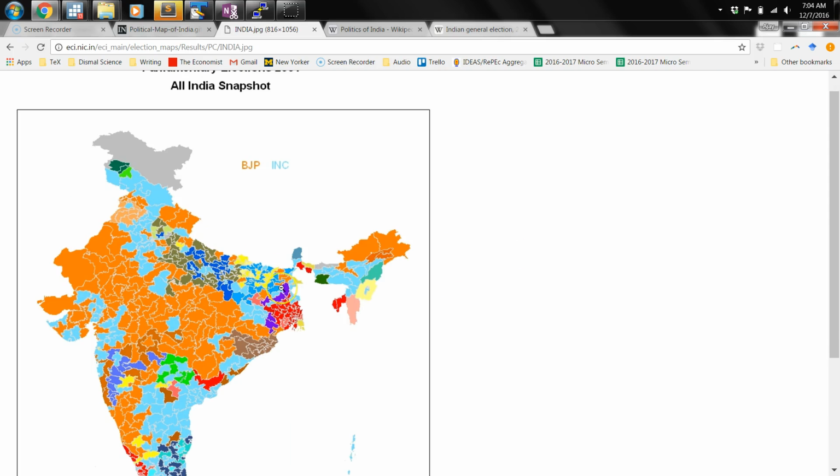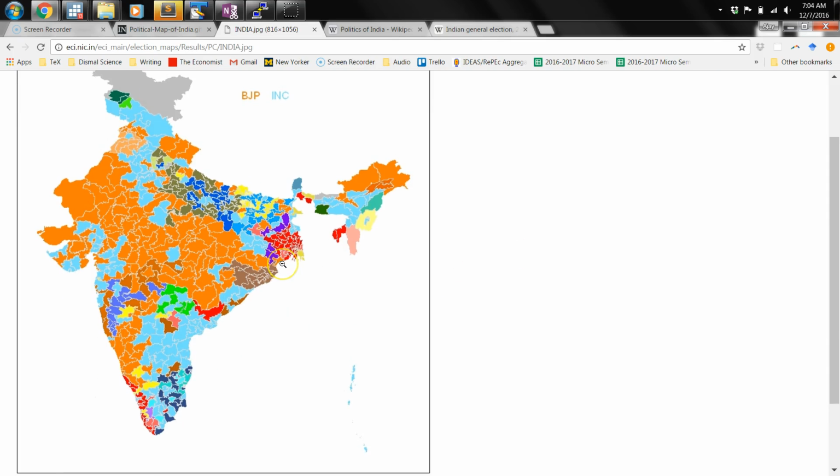So if we go here, you can see the results from the 2004 general election. Each of these is a parliamentary constituency, and it's color-coded based on the winner. These saffron ones are the BJP, and these blue ones are the Indian National Congress. I'll talk about what those parties are in a moment.